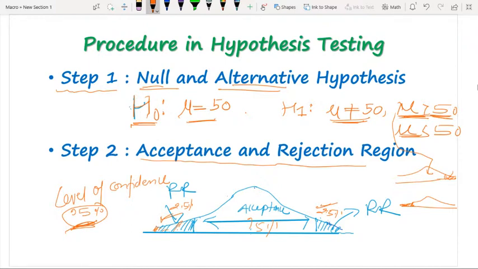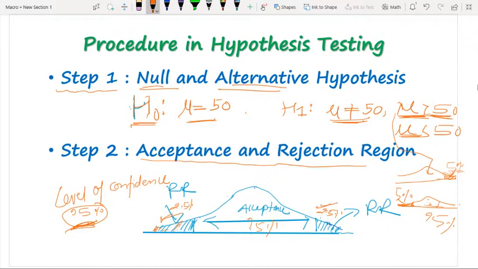Whereas in a single tail test, if the confidence level is 95%, this is the 95% acceptance region and 5% rejection region on the left only. So no rejection region on the right hand side. Here also, if a 95% confidence interval is chosen, the rejection region is 5% on the right only and no rejection region on the left hand side.